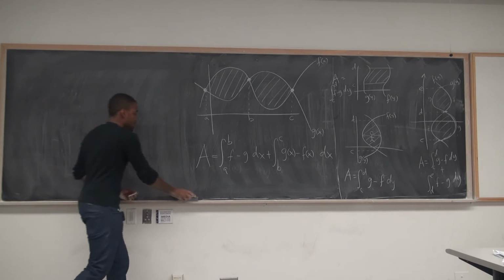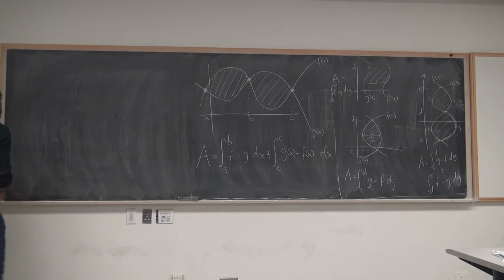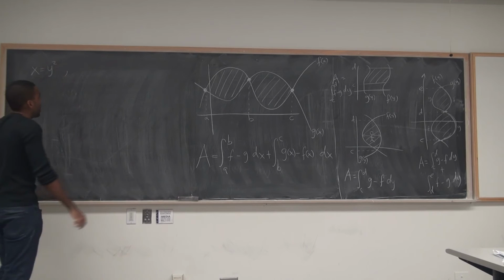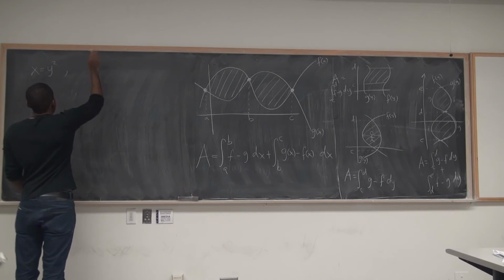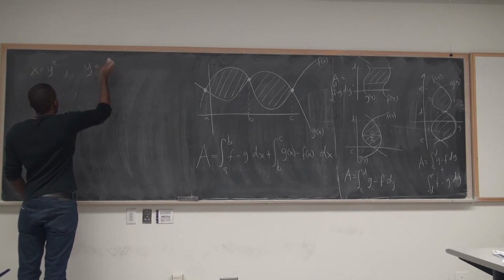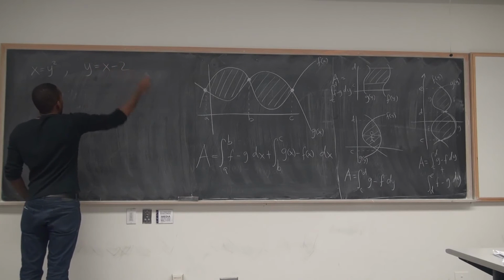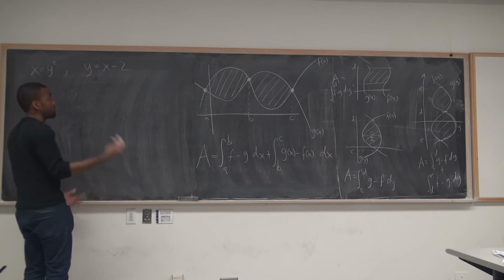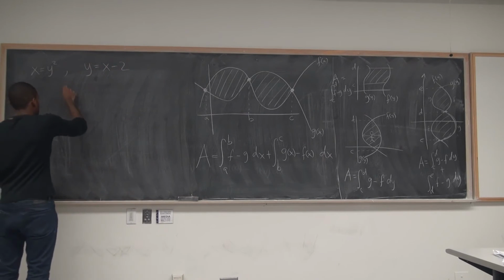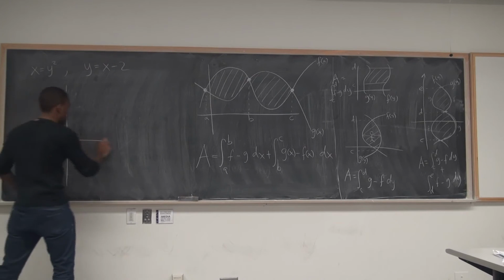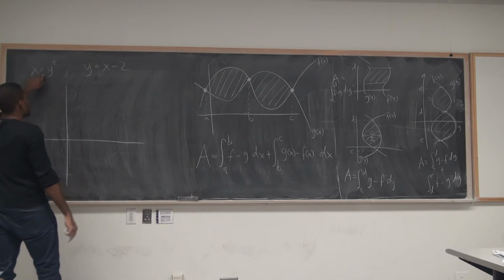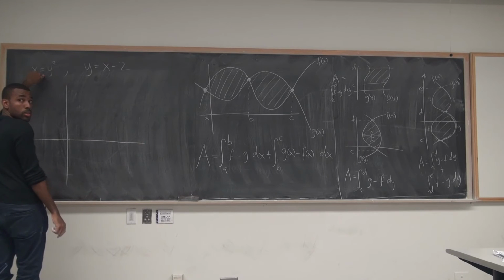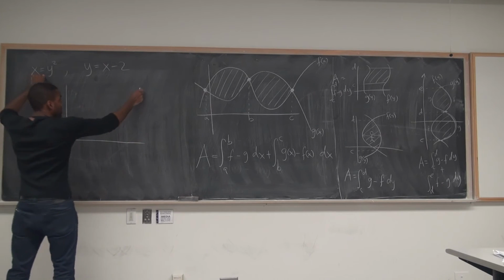But let's say I did something like x equals y squared and something like y equals x minus 2 or something simple, right? What would that look like? This guy looks like what? This. Sideways parabola, right? So it looks like this.